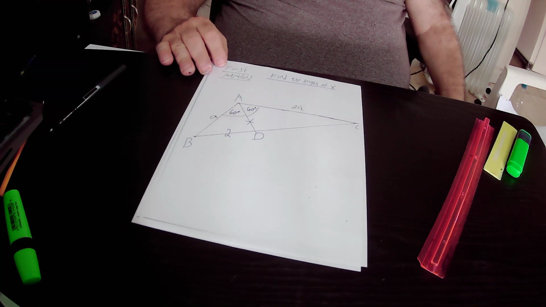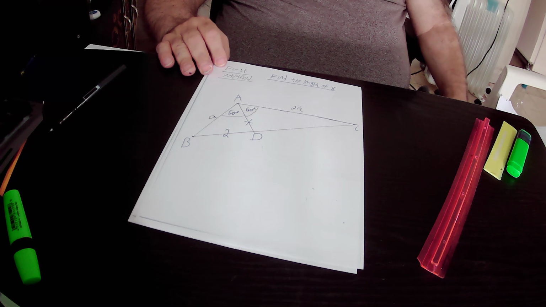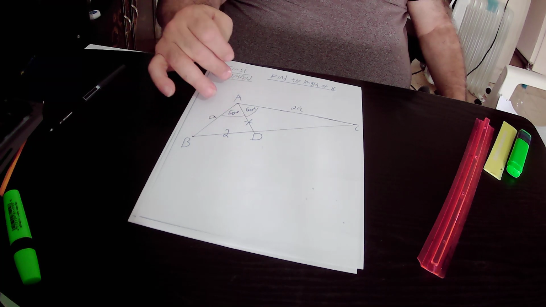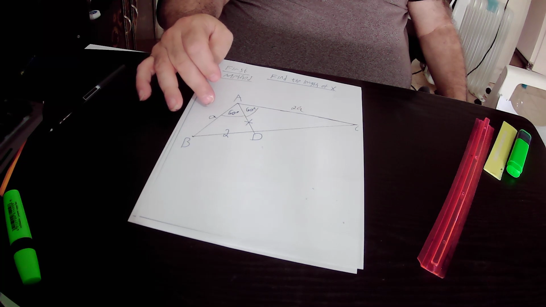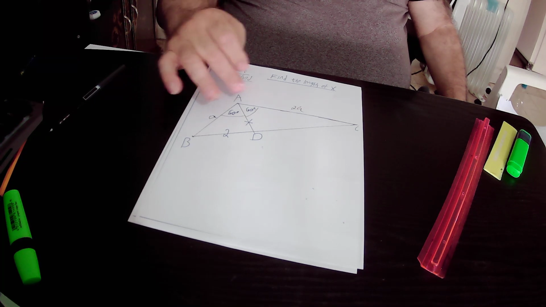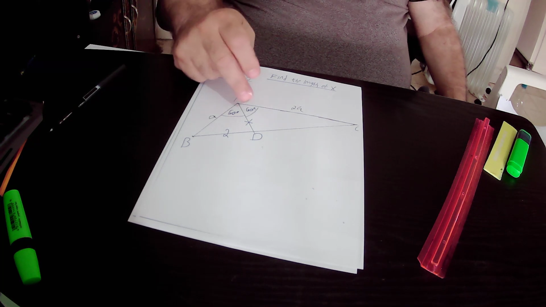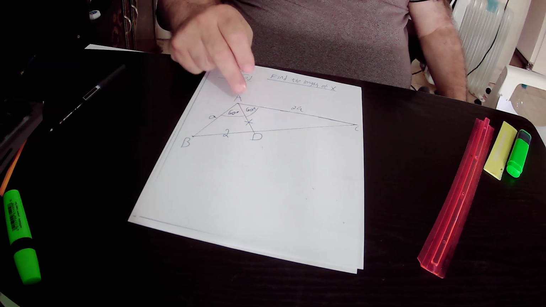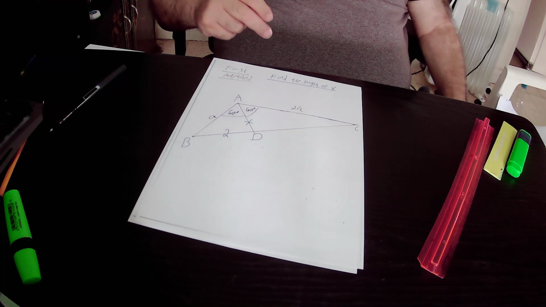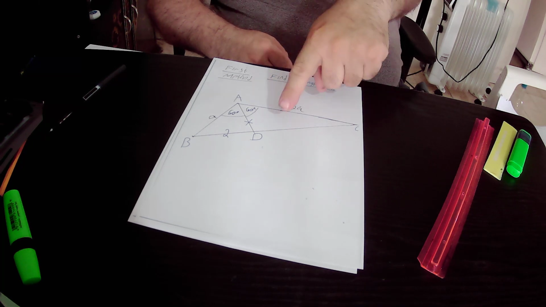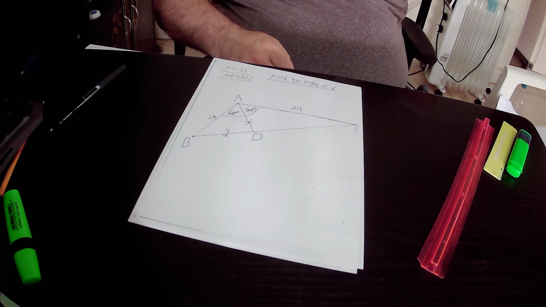We know that side BD equals 2 units, AB equals a, AC equals 2a, angle BAD equals 60 degrees, angle DAC also equals 60 degrees, and we want to find out the length of AD that is equal to x.